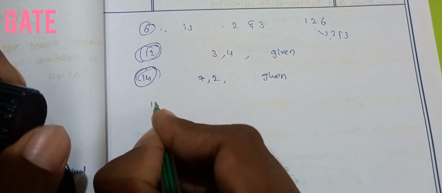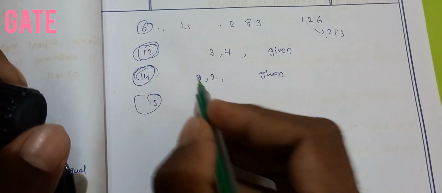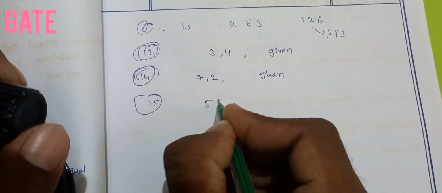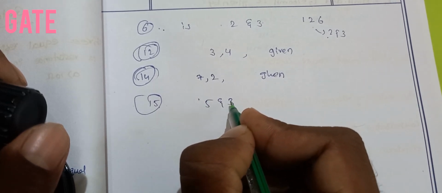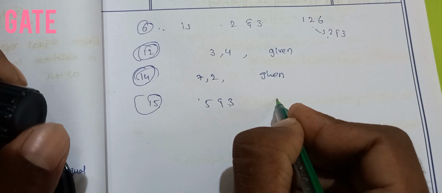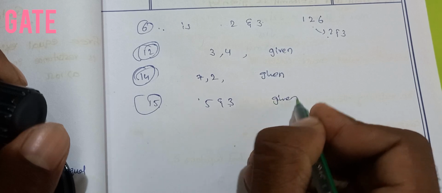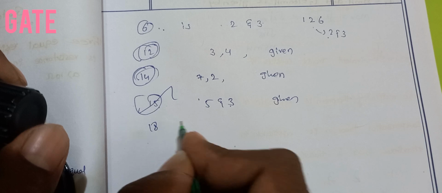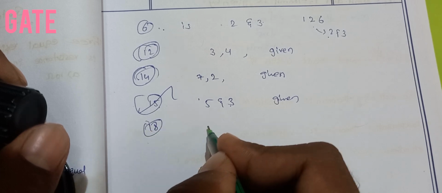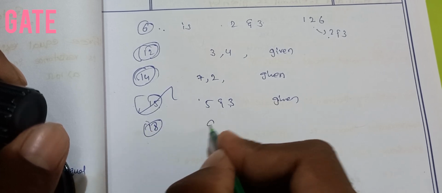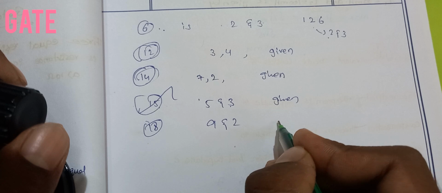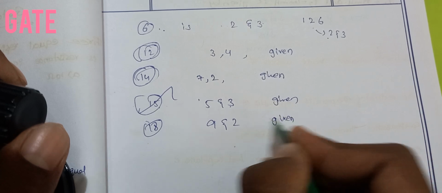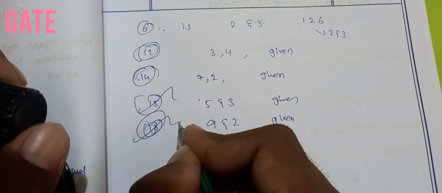Then 15. If a number is divisible by 5 and 3, then the given number is divisible by 15. Then 18. If a number is divisible by 9 and 2, then the given number is divisible by 18.